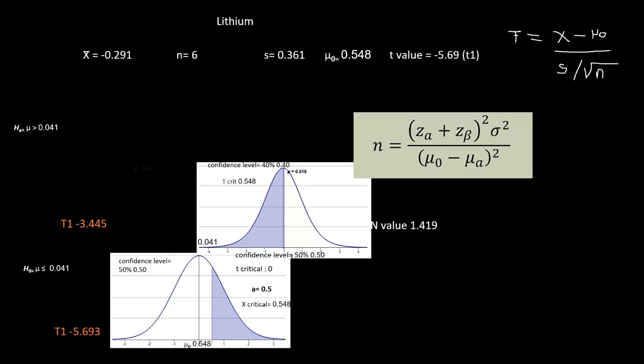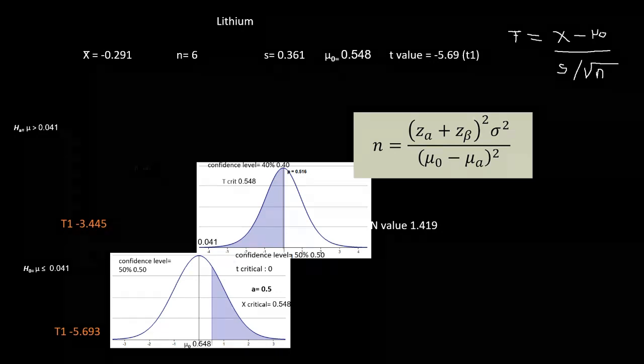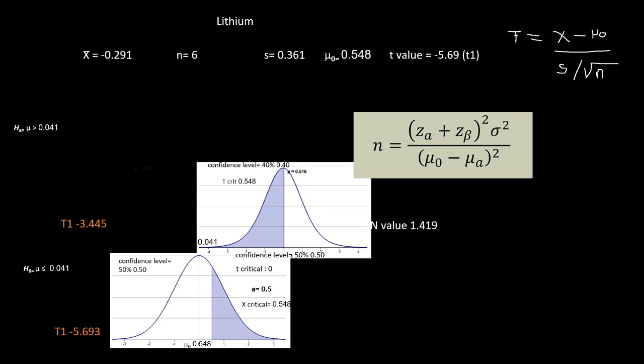So basically, you align the center of your left one against the beginning of the upper one, and then you use a formula to calculate the beta. What formula do you use to calculate the beta?